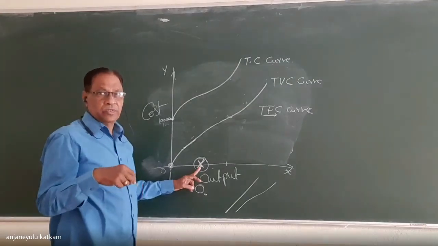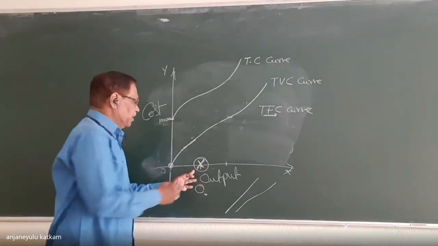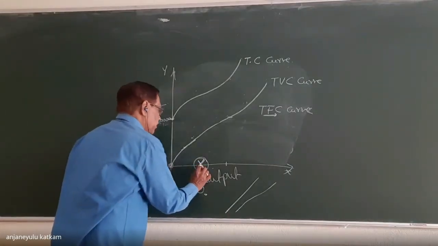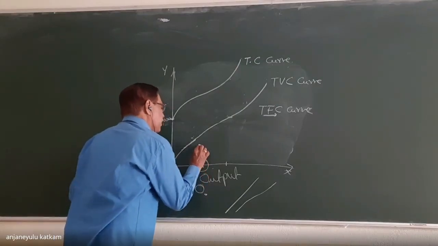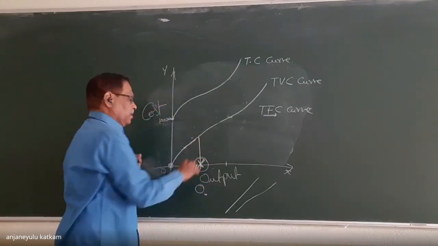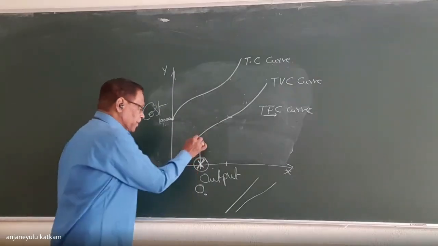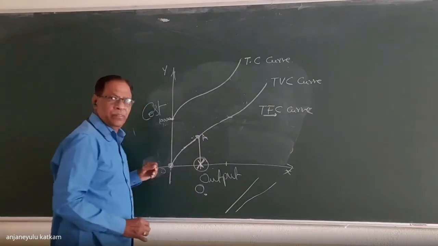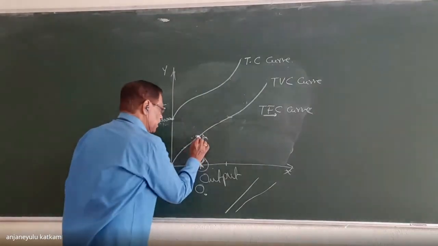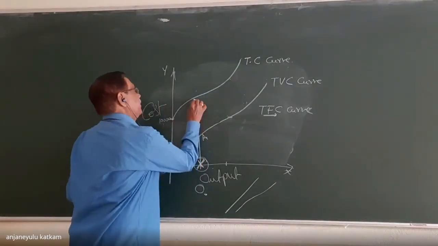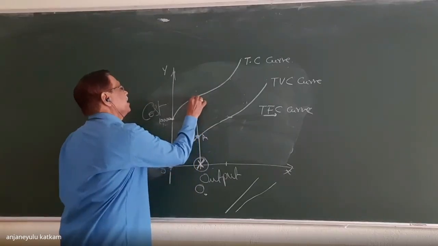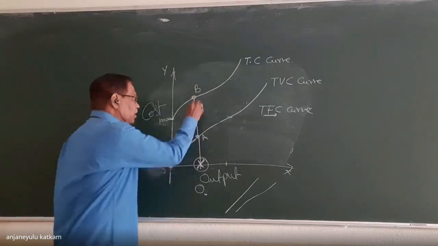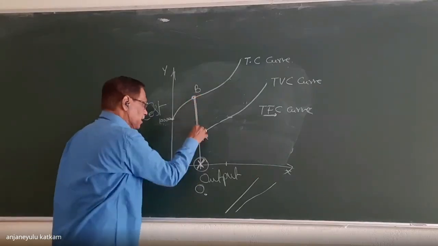What we have to do is extend from this point a vertical line like this with the help of a scale. It will meet the total variable cost curve at a point A, and if we extend it further, it will meet the total cost curve at a point B. So you got a vertical line like this.